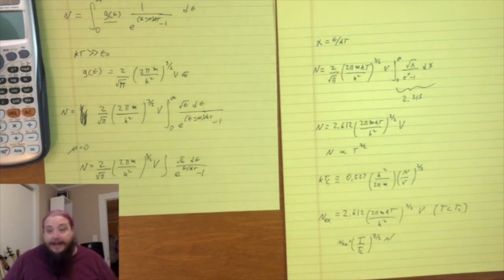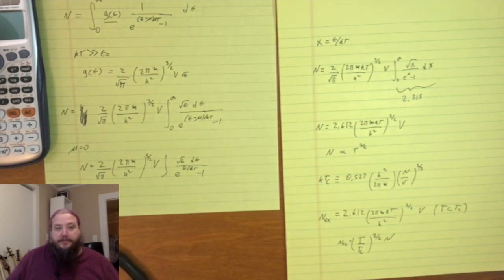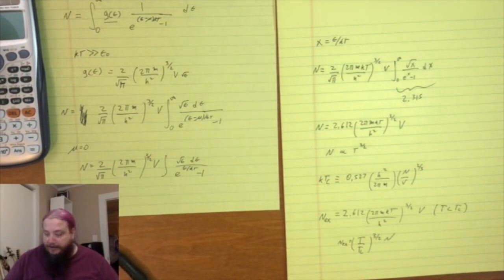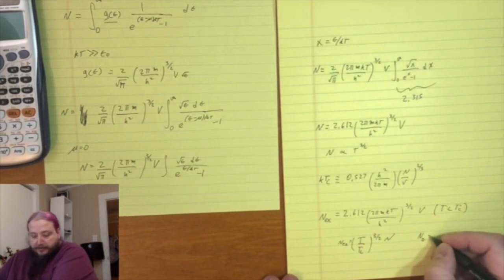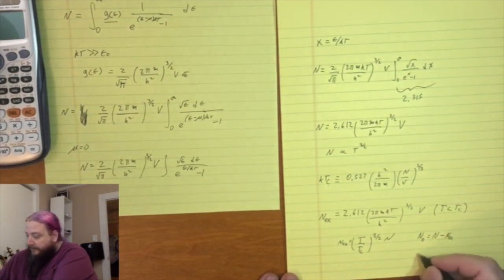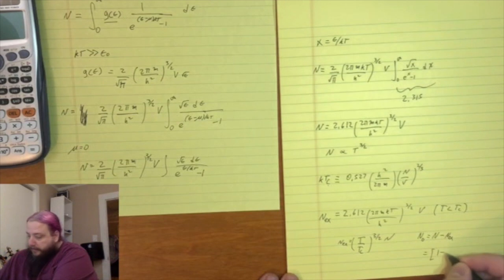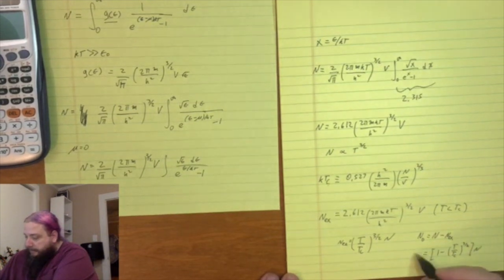It's okay that the number of excited particles isn't constant, and indeed it should increase as the temperature increases, because a few of those particles are getting out of the ground state. Then the number of particles in the ground state would just be n minus the excited ones, which is 1 minus T over Tc to the 3/2 times n.